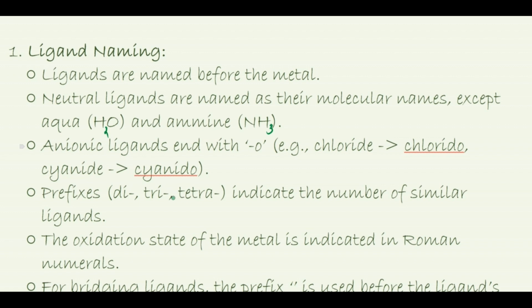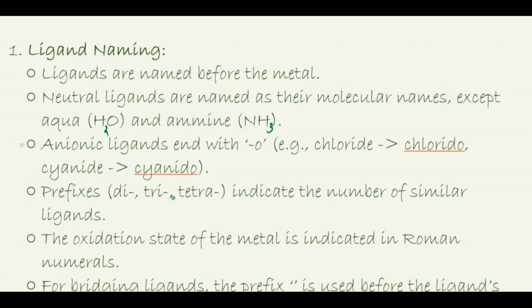Anionic ligand means the part that appears as the anion when we separate the complex into positive and negative parts. If the ligands come as an anion part, then those are anionic ligands, and they should end with the O sound. Also, prefixes di, tri, tetra indicate the number of similar ligands.